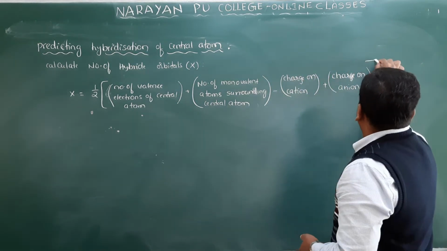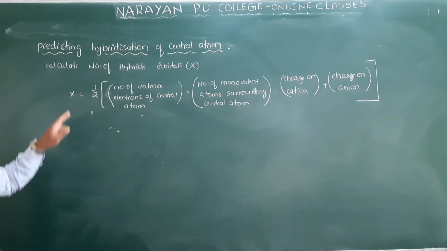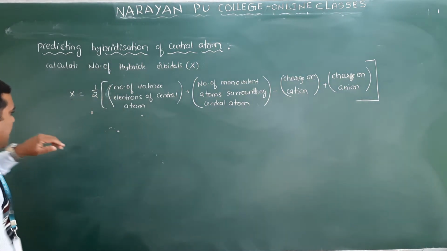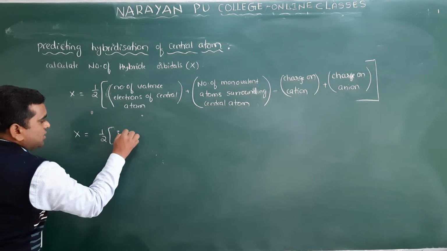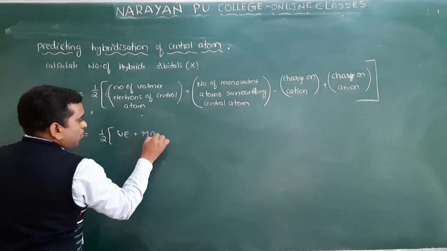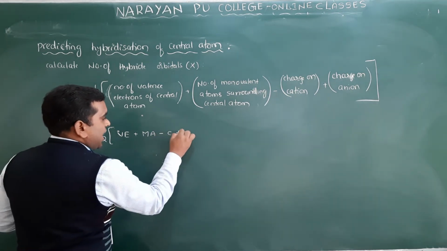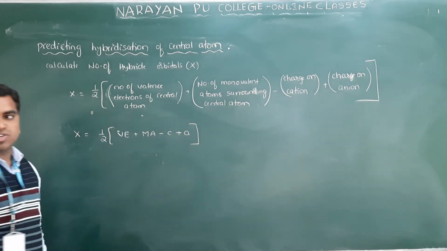And this is the formula to calculate the number of hybrid orbitals. X is equal to half into the number of valence electrons plus the number of monovalent atoms, minus C plus A, where C is the charge on cation and A is the charge on anion.